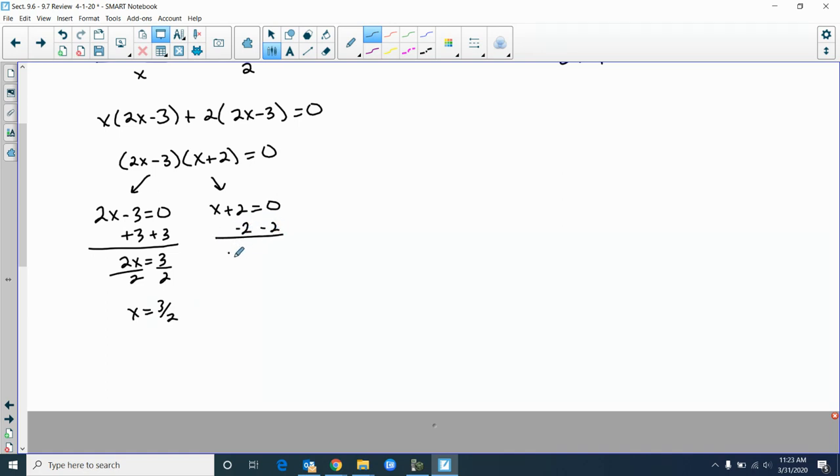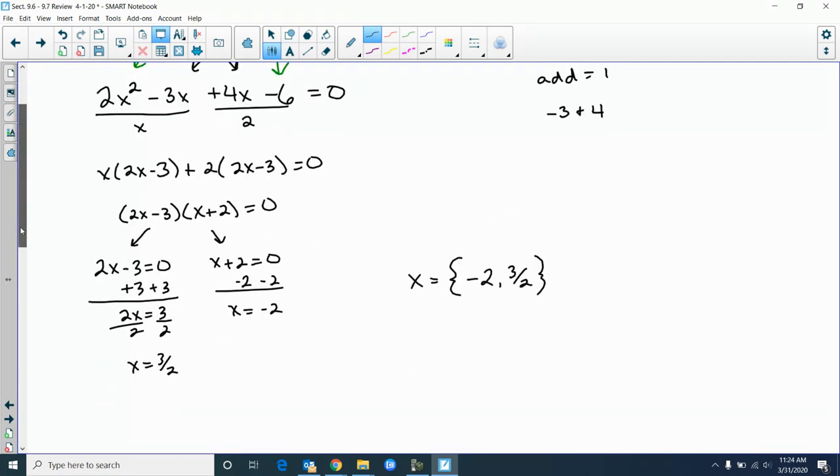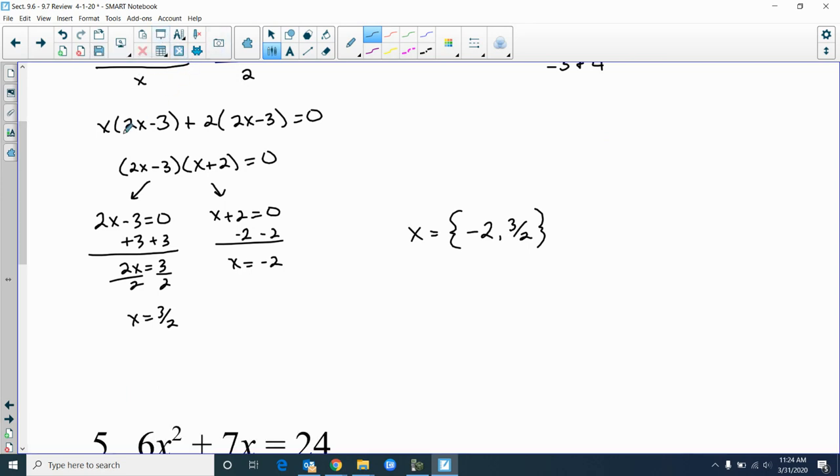Subtract 2 for this one. We get negative 2 as our answer. So our two answers are -2 and 3/2. All right, so a number in front of the x squared makes things a little bit more difficult.